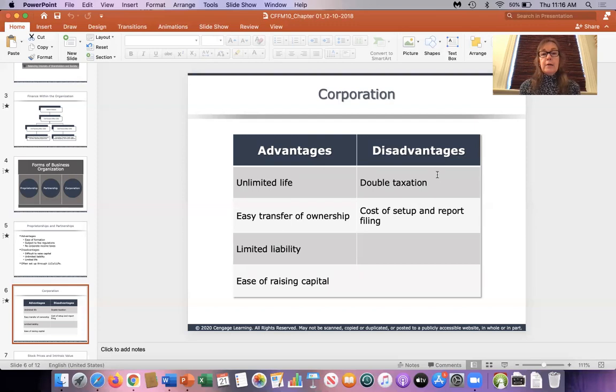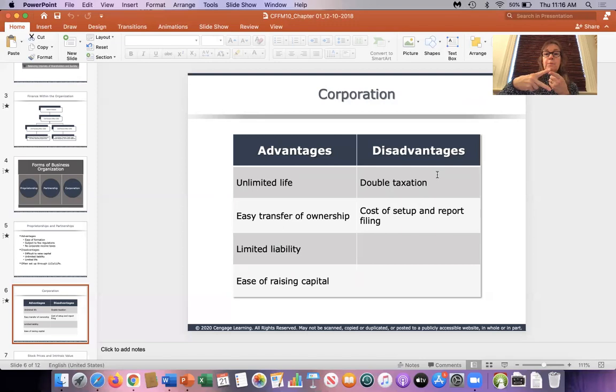What we mean by that is if you look at the income statement, you'll see that they're obviously paying taxes. You have your taxable income, you pay taxes, and then you have your net income. So before you get to the bottom line of your income statement, which is net income, you've paid taxes. So a company has paid taxes on their profits. Now, if you remember back from your accounting class, there's two things that a company does with their profits.